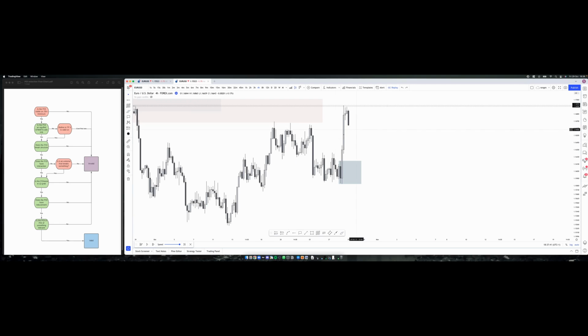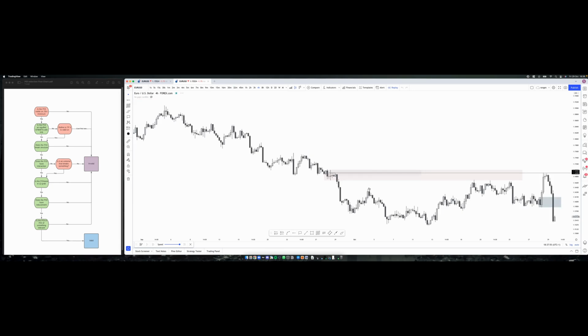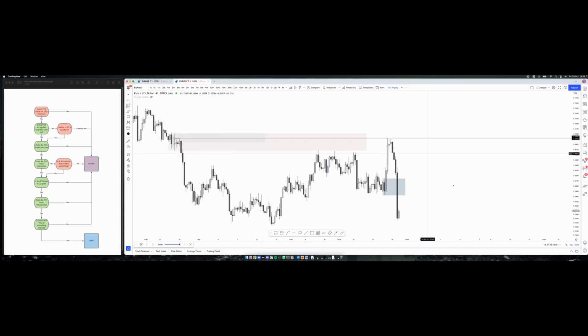But it has to generate inducement somewhere. If it doesn't, then most likely it's getting done. Once you start seeing that, just do not get in the way of it. Let it do its thing.